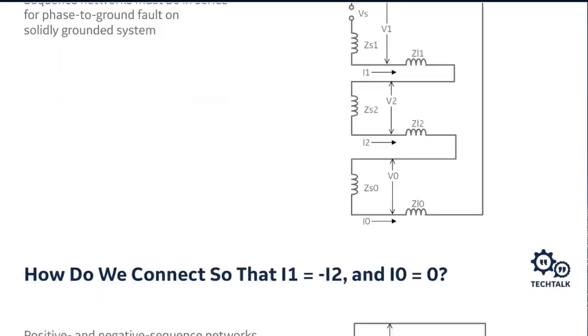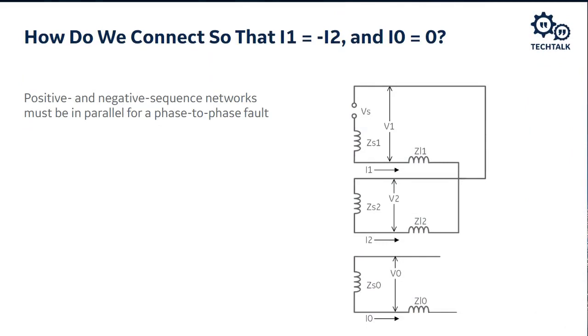But before we do that, let's look at at least one other example. On a balanced three-phase fault, we know that we don't have any negative sequence current, and we don't have any zero sequence current, so we only have I1 involved. But we also know that on a phase-to-phase fault where ground is not involved, I0 is equal to 0, and I1 is equal to negative I2.